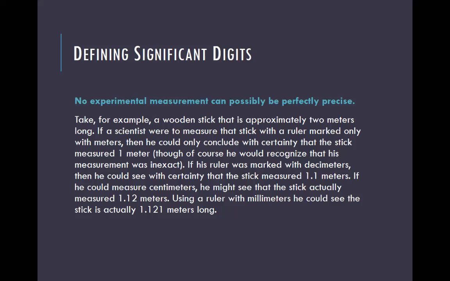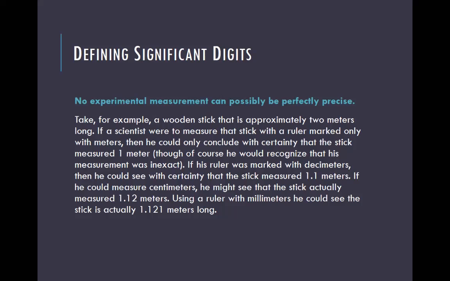If he could measure with centimeters, he might be able to see that his stick is actually 1.12 meters. And if he's using a ruler with millimeters, he could actually see 1.121 meters long. So with each gradation, our accuracy is improved in terms of how close we are to the actual measure for the length of that wooden stick.